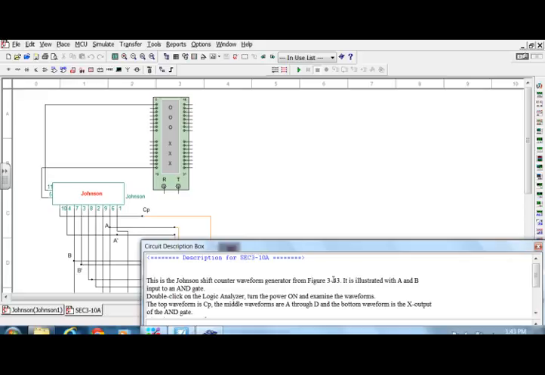Page 82. I don't see any Johnson shift register. 343, wrong page. Page 106. Page 86. Yeah, page 86. There's the Johnson shift register, and it's shifting over one thing at a time. Okay.